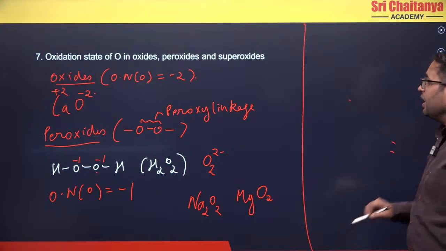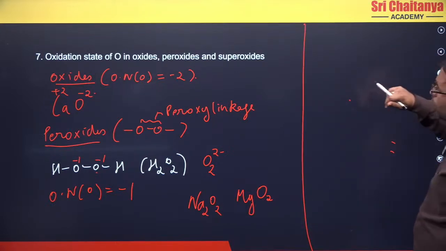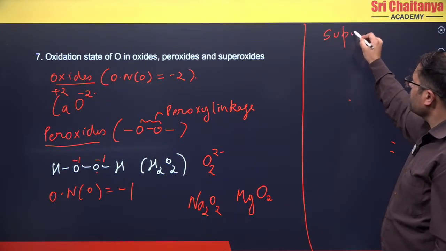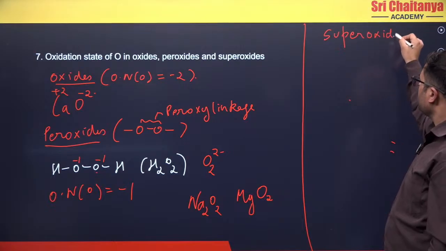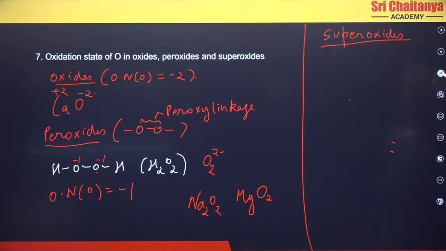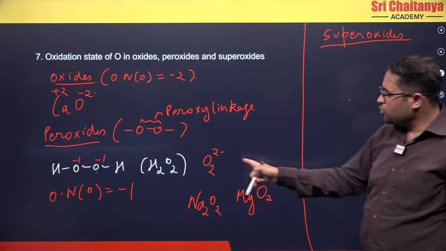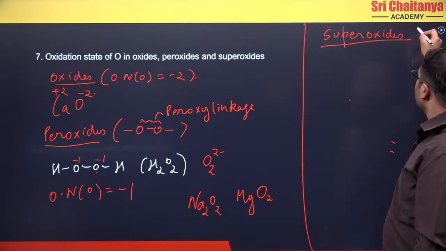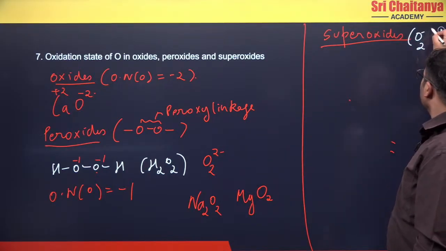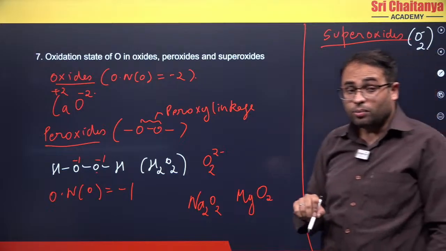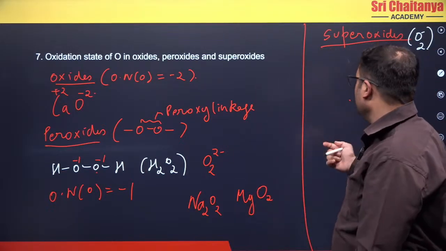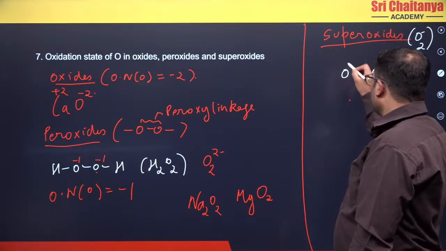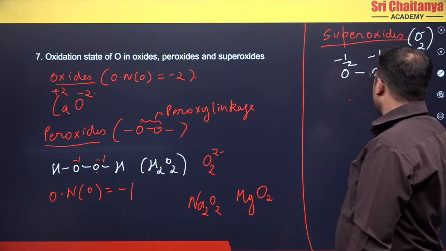Now after peroxides, let us go to the next part, which is superoxides. What are superoxides? Peroxides have O2 2-, superoxides are O2 single minus. What do I mean by that? Two oxygen atoms are there and each of them has a -half.